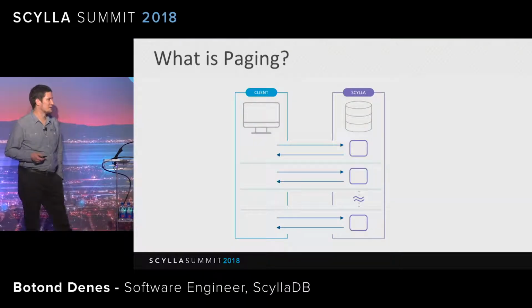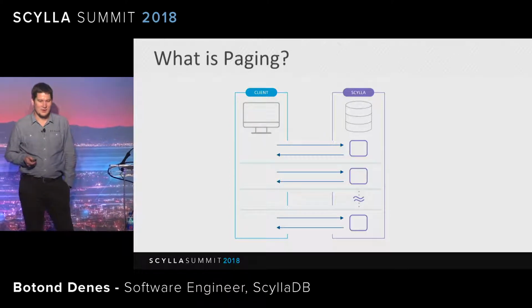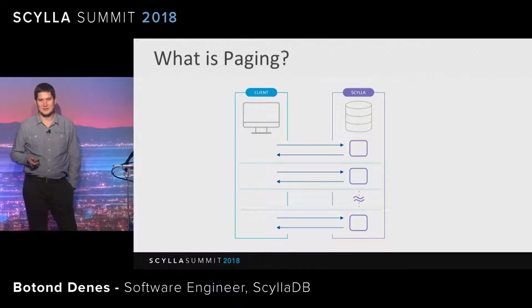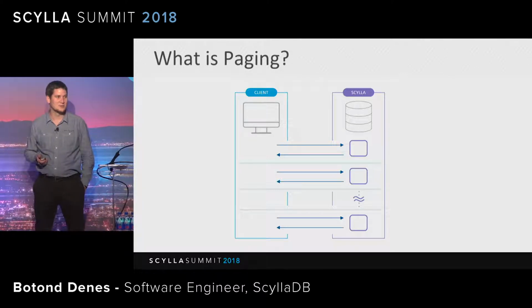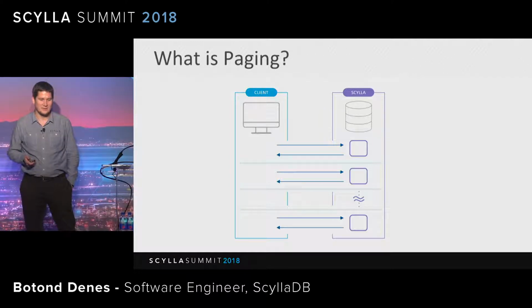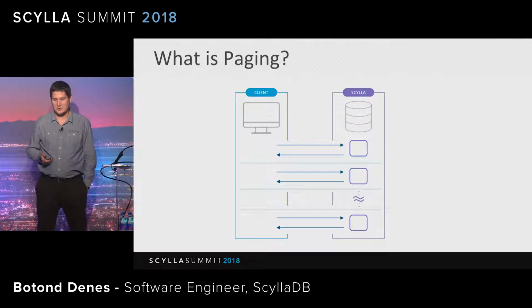So before we dive into how paging used to work, I'd like to make a brief detour into what paging is. Queries can return an unknown amount of data. The exact amount is only known after the query has been executed. And reading an unknown amount of data into memory and sending it over the network can cause problems.